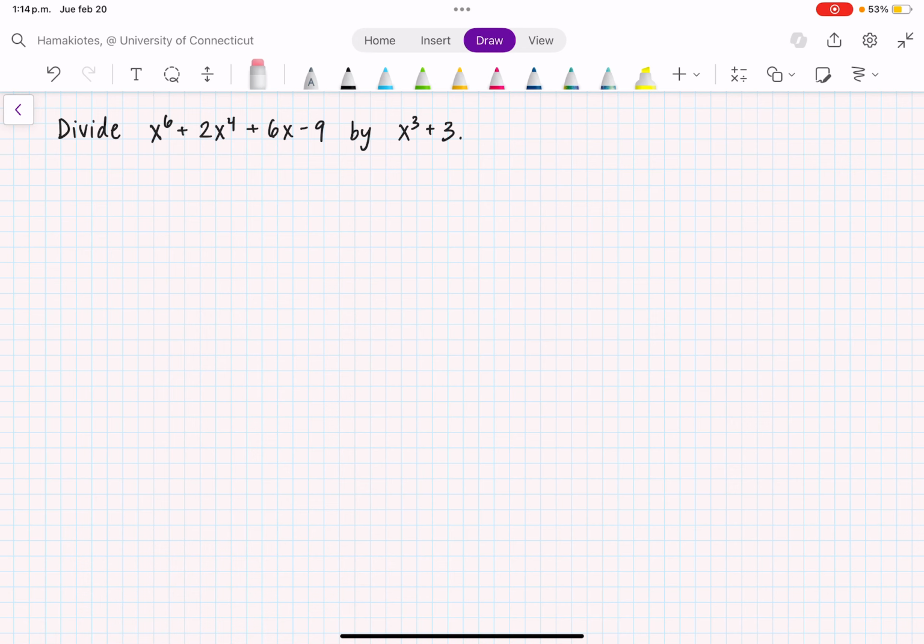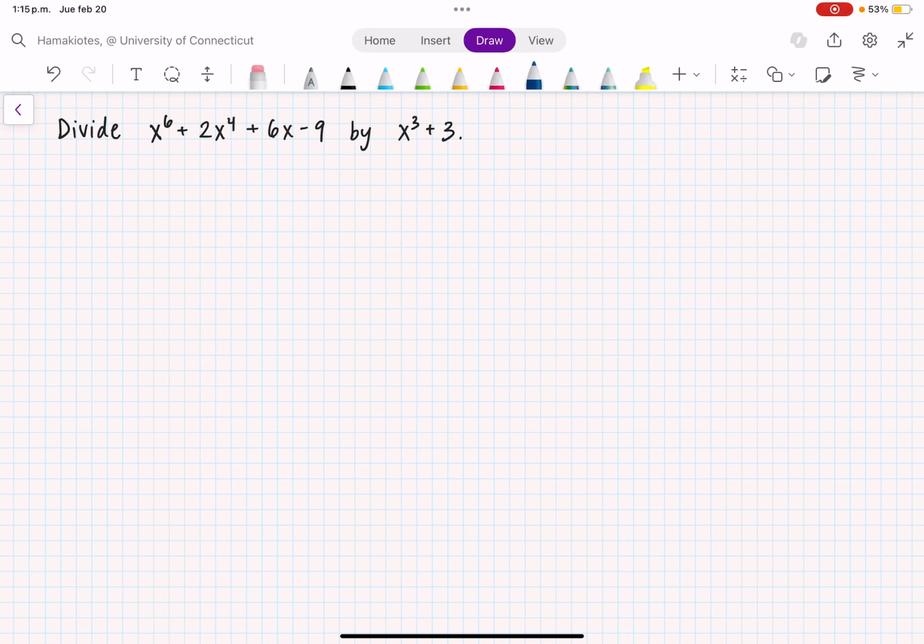Now notice that we have some terms missing. What do I mean by that? Well, we have an x to the 6th, but no x to the 5th. We have an x to the 4th, but no x cubed, no x squared, and then we have an x and a constant term. So when we set up our polynomial long division, we're going to need to put something in place for the things that are missing.